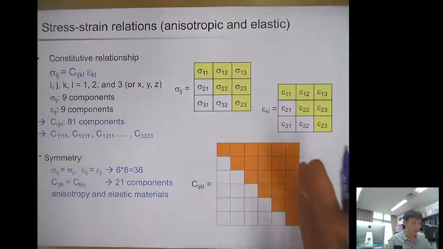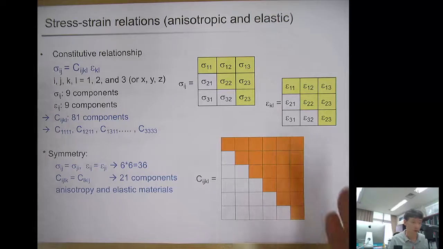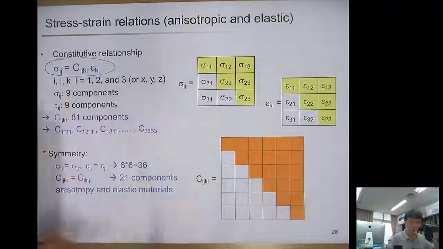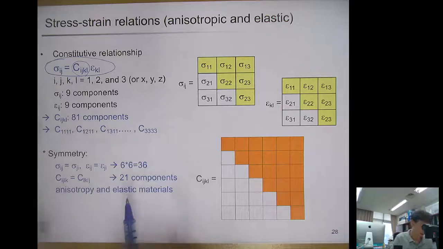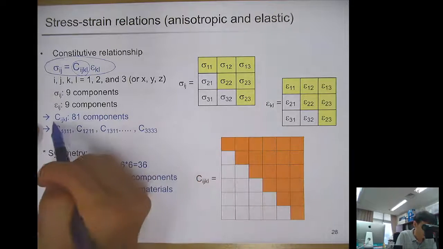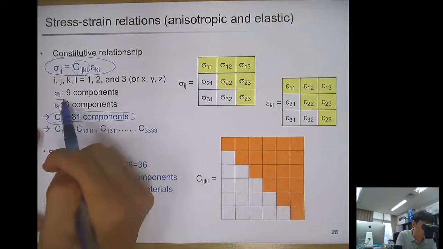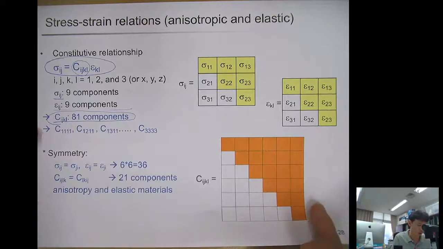And if we think about the stress-strain relation or constitutive relation, then this will be the elasticity theory, and sigma is modulus times strain. And here, if it's truly anisotropic, the modulus will have 81 components because the stress is 9 components and the strain is 9 components.